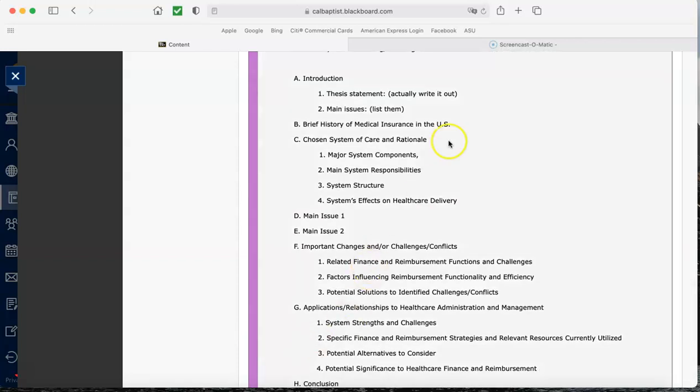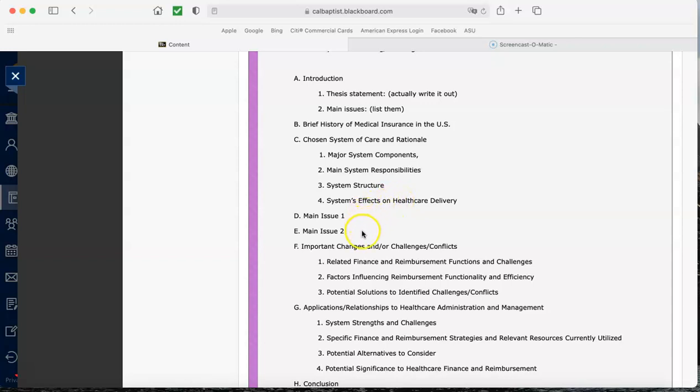Introduction, a thesis statement, actually write it out. Your main issues, list them. Give a brief history of medical insurance in the U.S., chosen system of care and rationale, your major system components, your main system responsibilities, system structure, and the effects on the healthcare delivery.